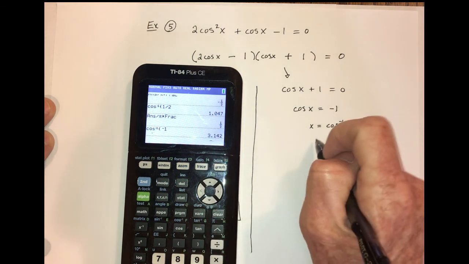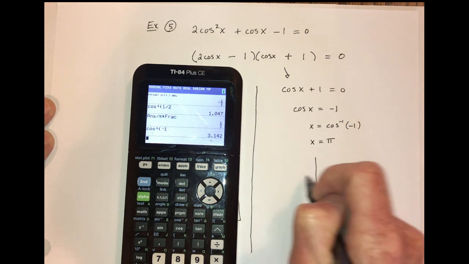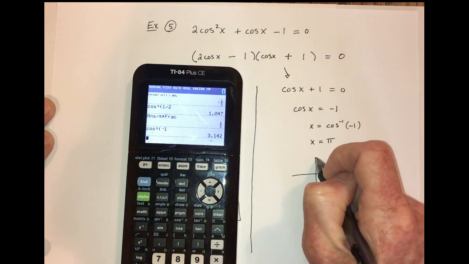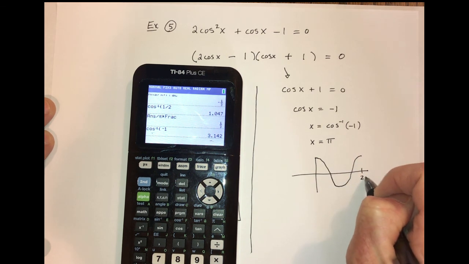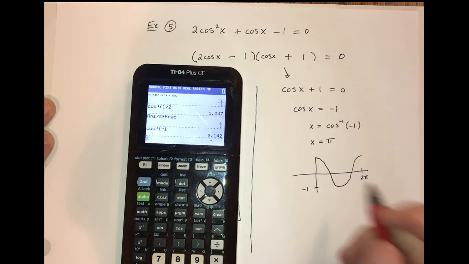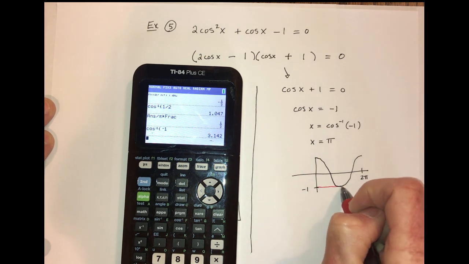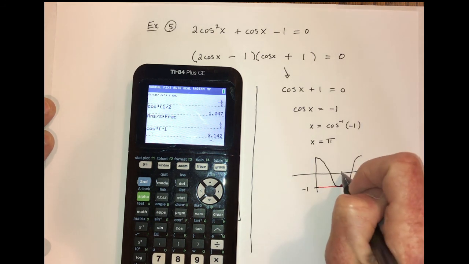That's pi. x equals pi. And if you look at the graph of cosine on the interval from 0 to 2 pi, there's actually only one place where it's equal to -1. It goes straight across, and there's only one solution for this one, and that is pi.